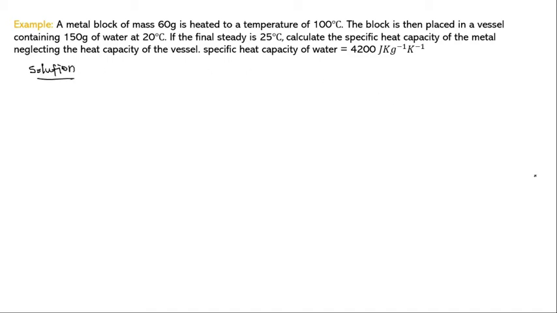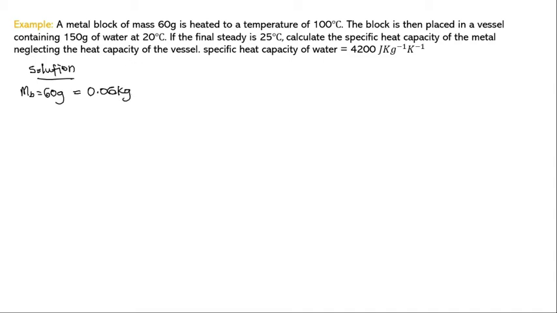Alright, so we have a metal block of mass, so it means the mass of the block, MB, is 60 grams. If we convert that into kilogram, because the mass needed for this calculation should be in kilogram, this will give us 0.06 kilogram.